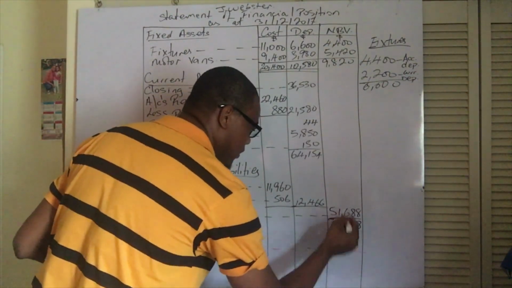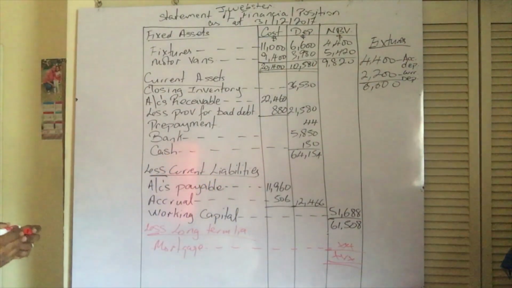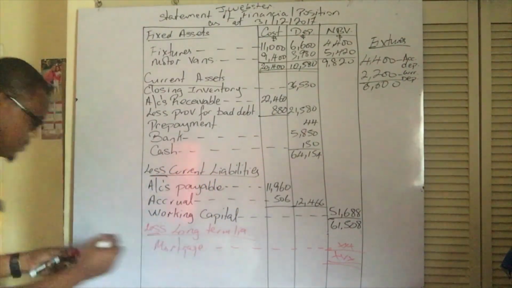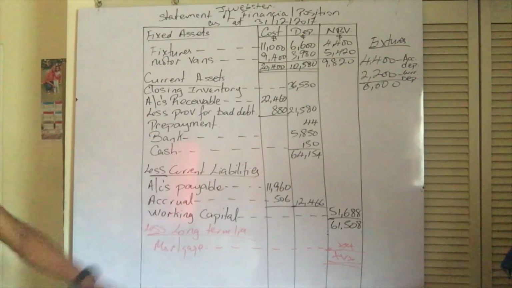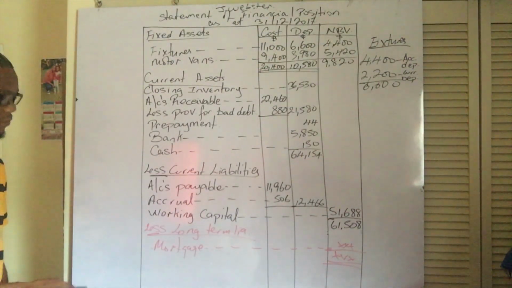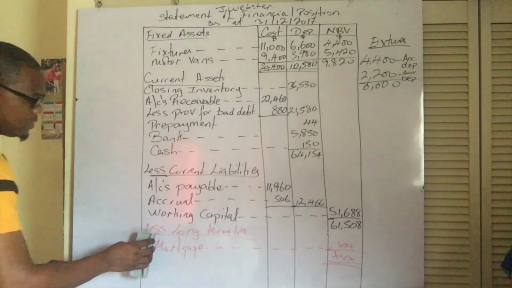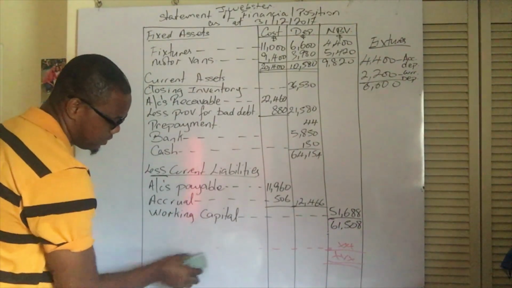You would subtract it from that, you would get this figure, and then this figure would be the double line figure. And then you would move on now to financed by. So if you have a long-term liability like mortgage, that is how you would do it right there. Please pay attention to that. You can snap a screenshot or whatever, but that is how you would treat a long-term liability. All right. So let me take this out.